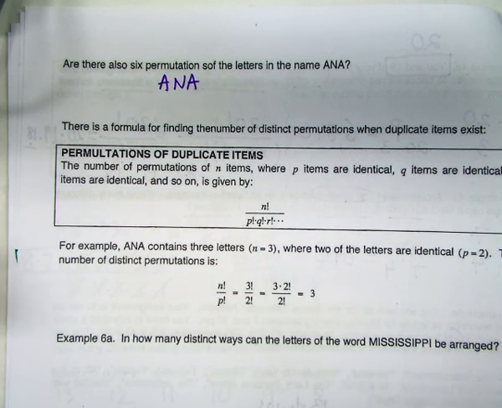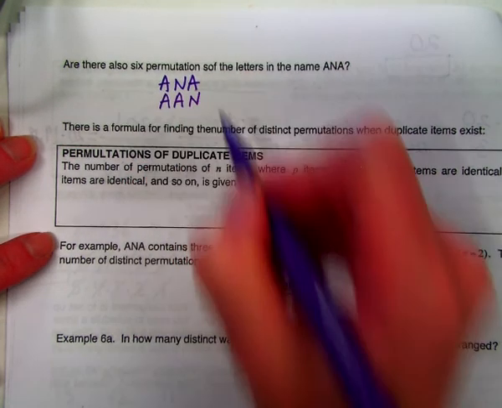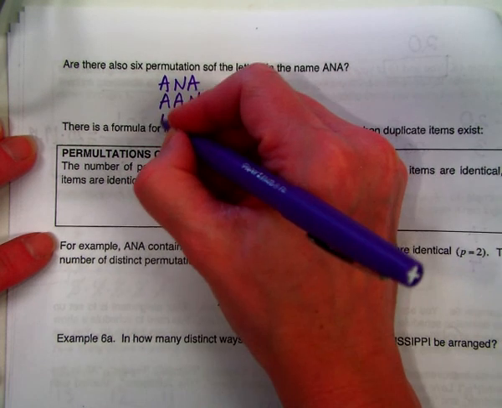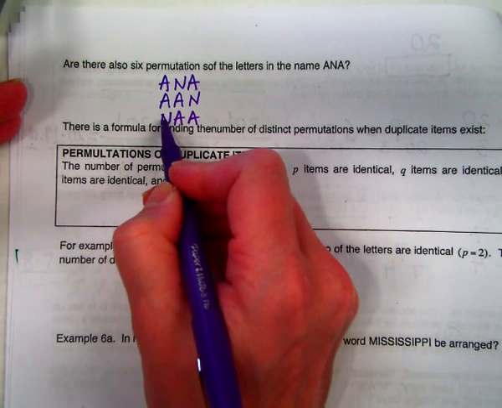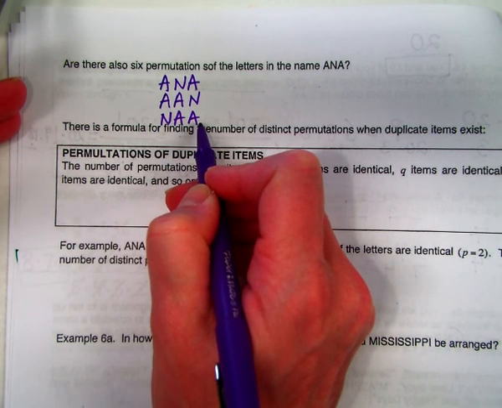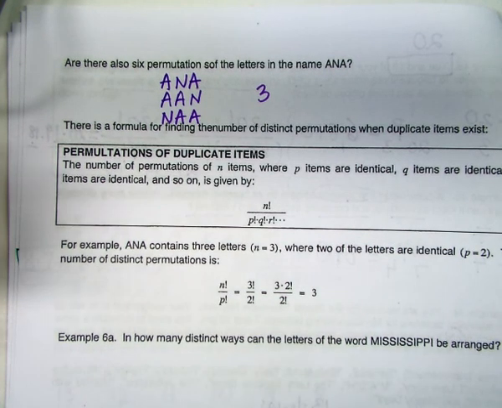So how many are you getting? 3, right? Because we could put A and A first and then N, or I could put N first and then A and A. Now, if I end up switching this A with this A, will the arrangement look any different? No. So for this case, we only have 3.